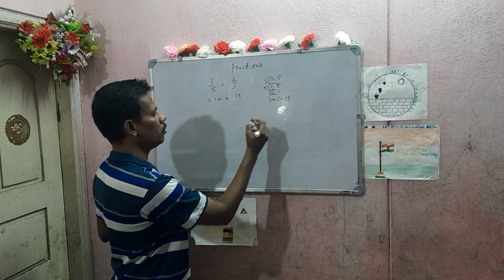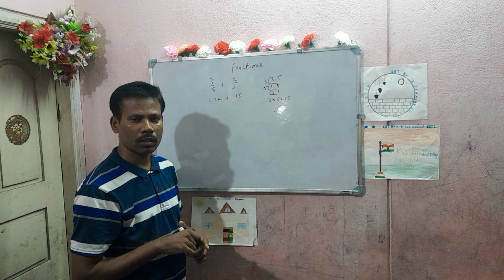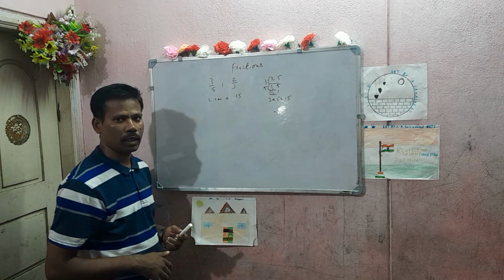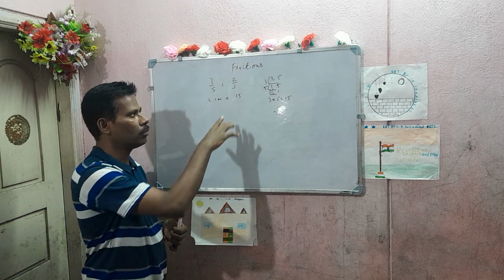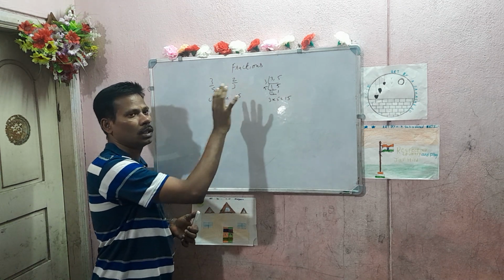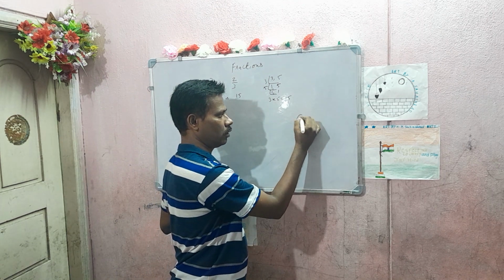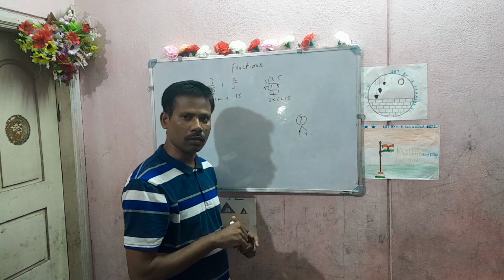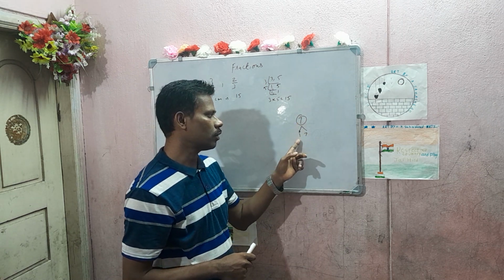I don't want to go deep into that, but you should know factors and prime numbers, then only you can understand what I am saying. For example 7, because 7 has factors 1 and 7 only. Factor means when you divide, the remainder is 0. So the factors of 7 are 1 and 7.